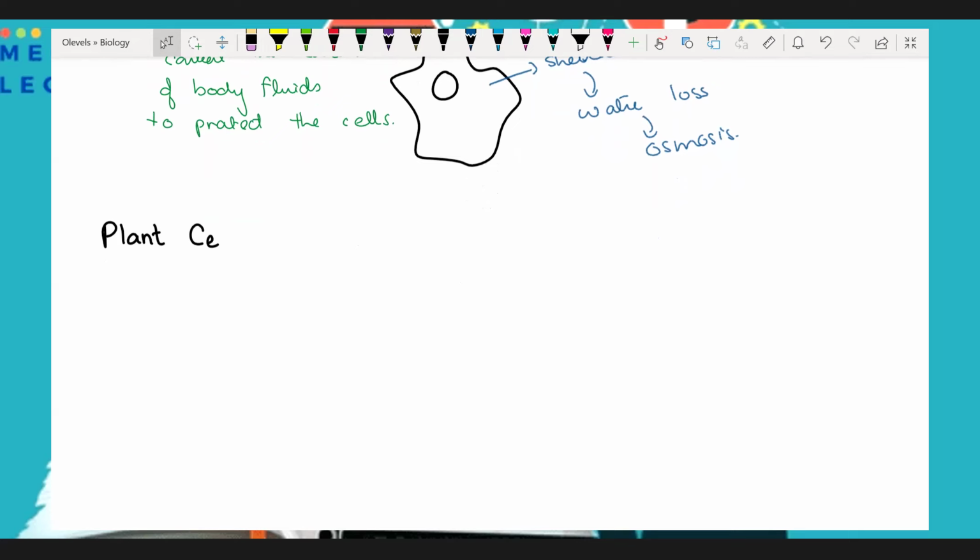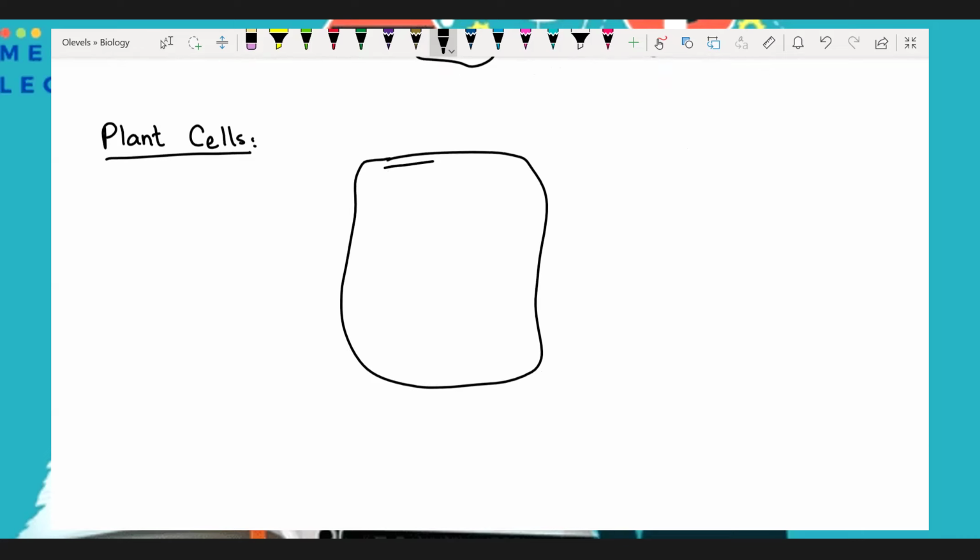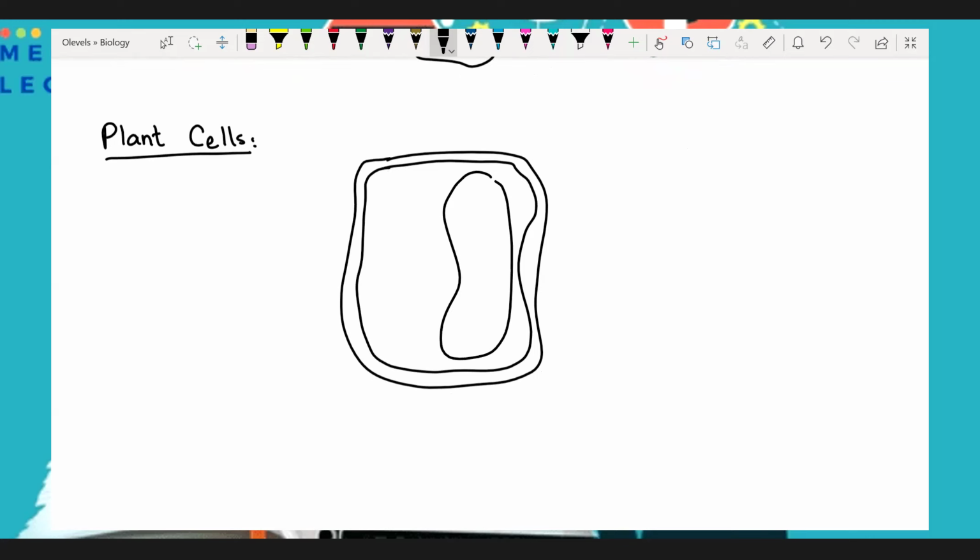Now we have to see what happens in a plant cell. Now see, in plant cells, suppose this is how a plant cell looks like, right? We have a double membrane. Here we have the large central vacuole, then we have the nucleus and many other organelles as well.